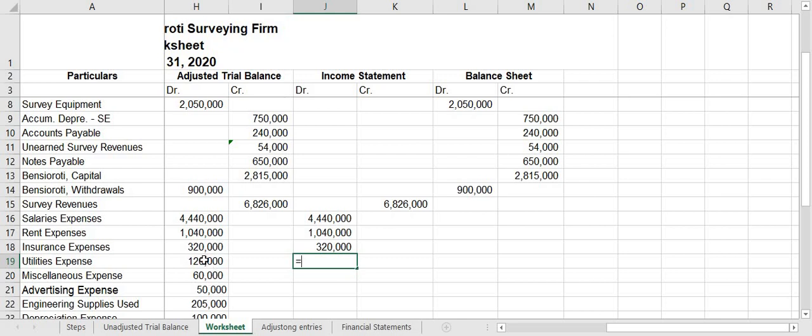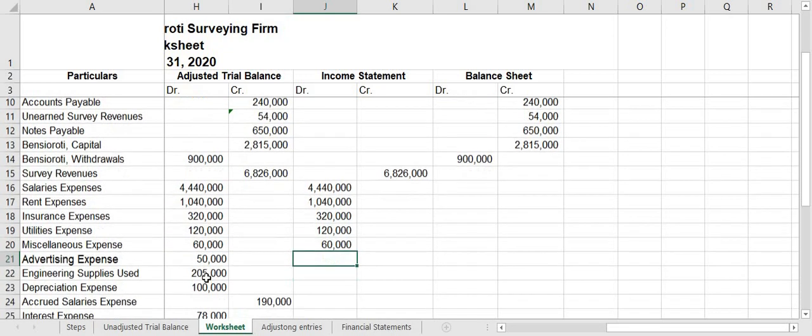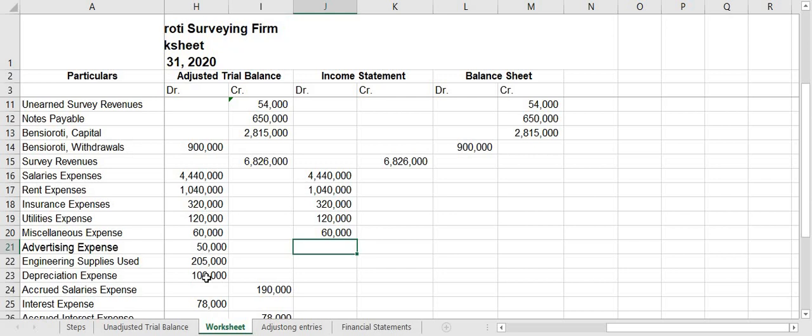Utilities expense, income statement, debit. Miscellaneous expense, income statement, debit. Advertising expense, income statement, debit. Engineering supplies used, income statement, debit. Depreciation expense, income statement, debit.